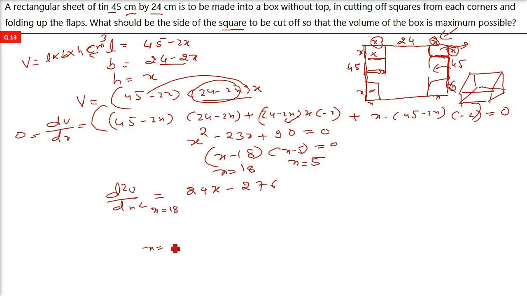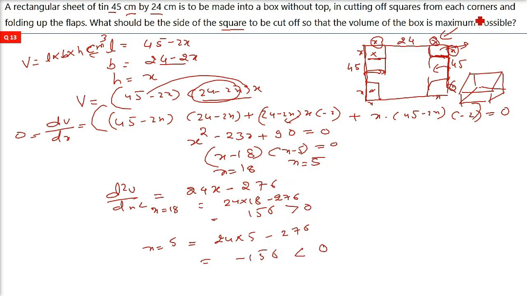Place x equals 18 and x equals 5 in this equation of double differentiation. When we place 18, we are going to get a certain value. Similarly, when we place x equals 5, we are going to get a certain value. First 18 will give you 156. 5 will give you minus 156.